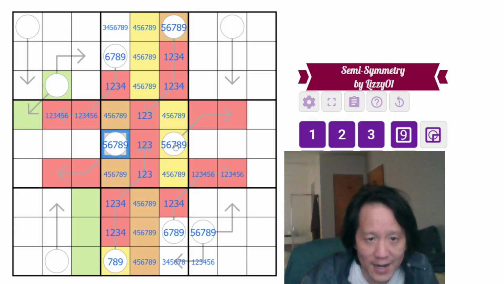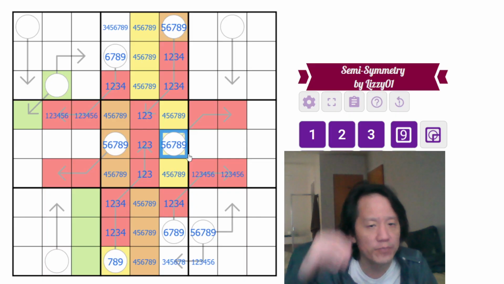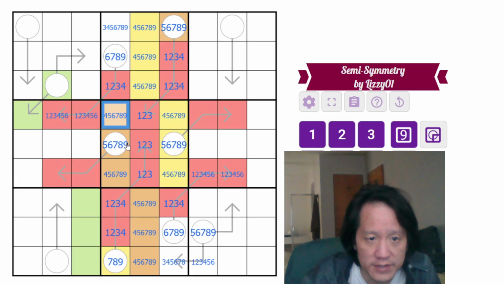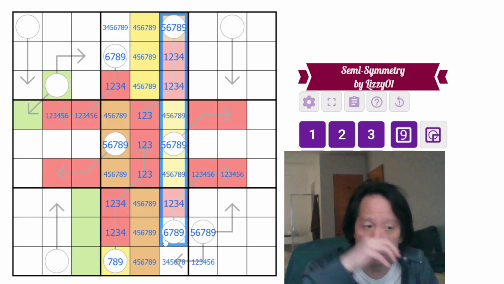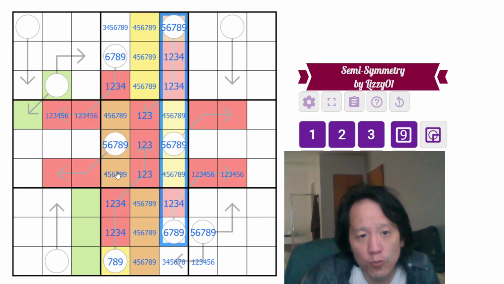Therefore, if 9 is not one of these two central numbers, we lose 3 degrees of freedom because one of the 9s has to be in the corners and not in a circle. So that eliminates 7, 8, and 9 as a possibility. It makes 6, 7, 8 the highest possibility. But one of 5 or, I guess, it could be 6, right?